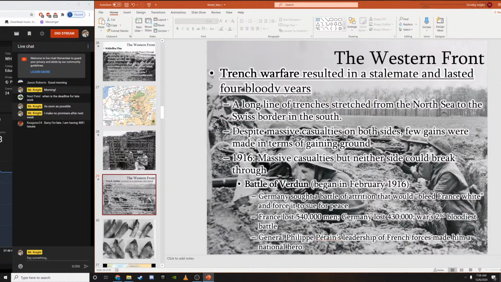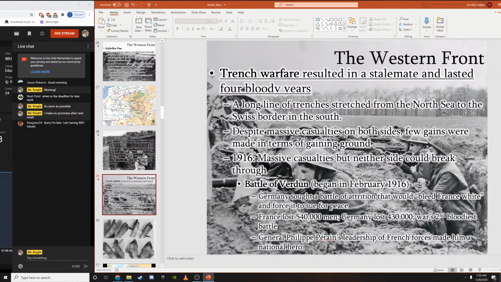Okay, kill more French people than the French were able to kill of German people. So they wanted to bleed France white. What that is a reference to is if a person bleeds out, their skin turns a pallid, pale color.